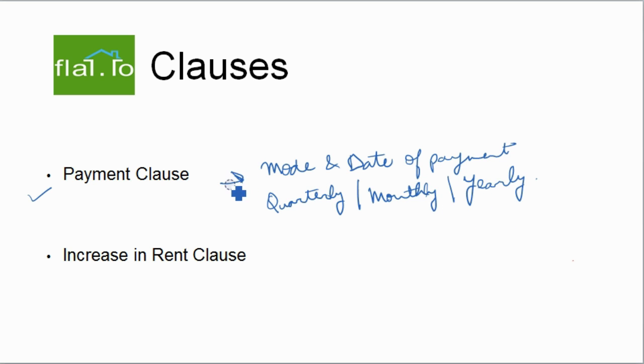These will be the deciding factors in the payment clause. So please read it before you sign the agreement and check the date of the month on which date you will have to pay the payment to the landlord.